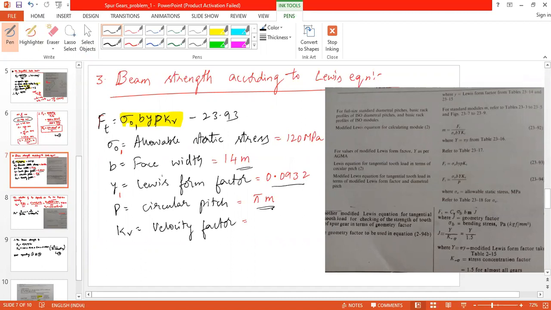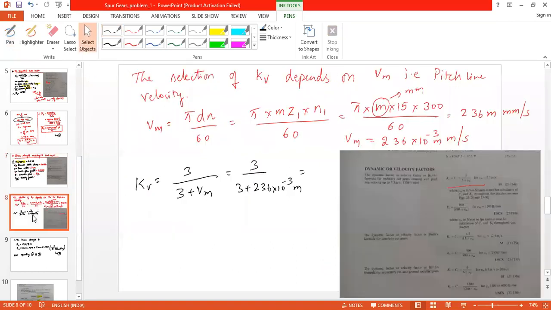P is the circular pitch, equal to pi m, and kV is the velocity factor, which depends on the pitch line velocity. But to find the pitch line velocity, again we need the value of module m.